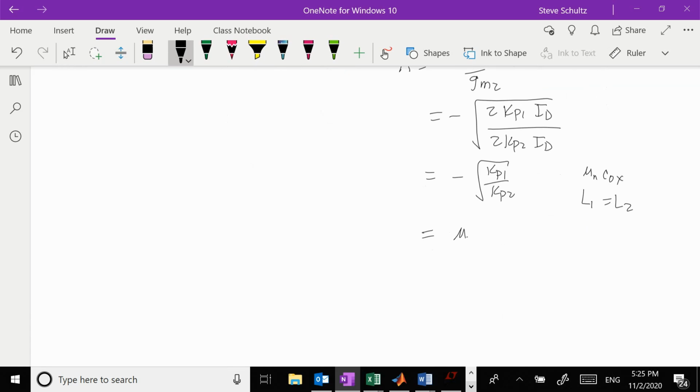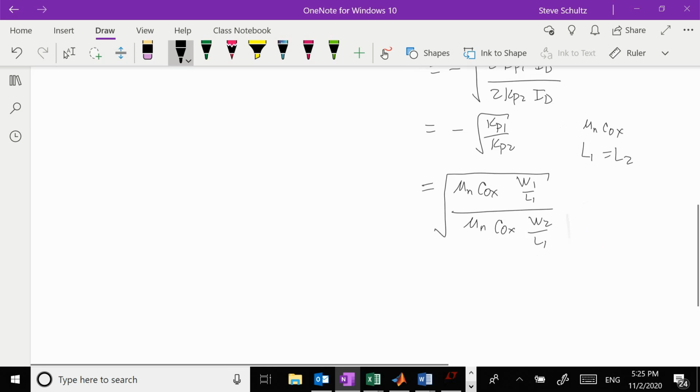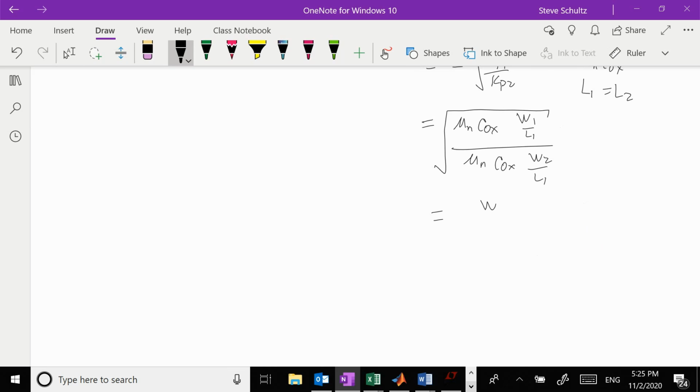So this is going to be equal to mu n Cox W1 over L1 over mu n Cox W2 over L1, which is equal to the square root of W1 over W2. Negative, negative.